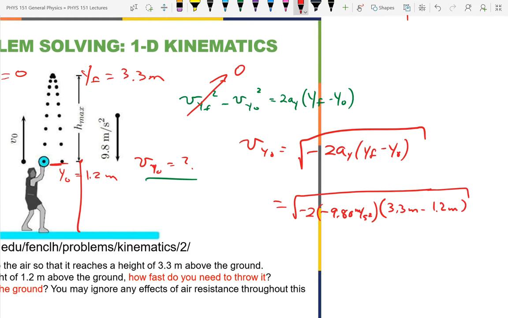It's pretty vital, because if I have the square root of a negative number, I have an imaginary answer. Yay. Needs to be a positive inside the square root. So 3.3 minus 1.2 is 2.1. 2.1 times 9.8 is in the ballpark of 20. 20 times 2 is 40. Square root of 40 is plus 6.5.